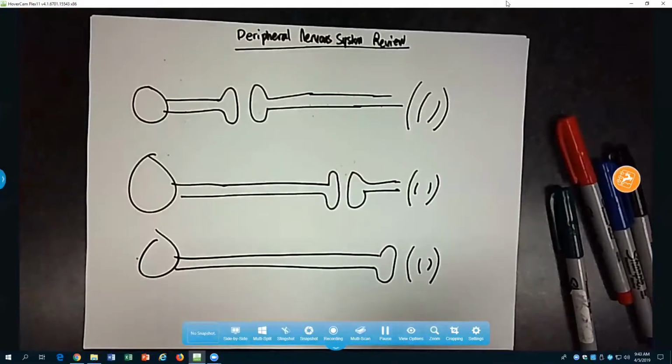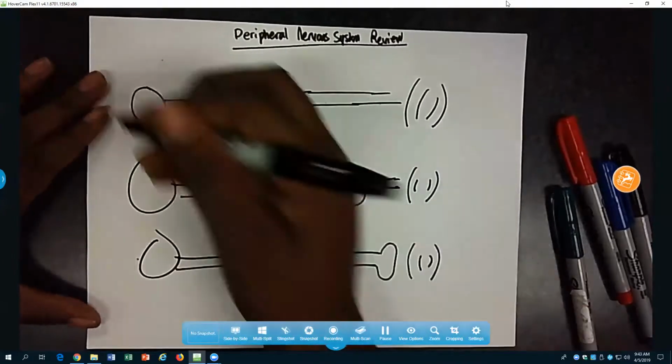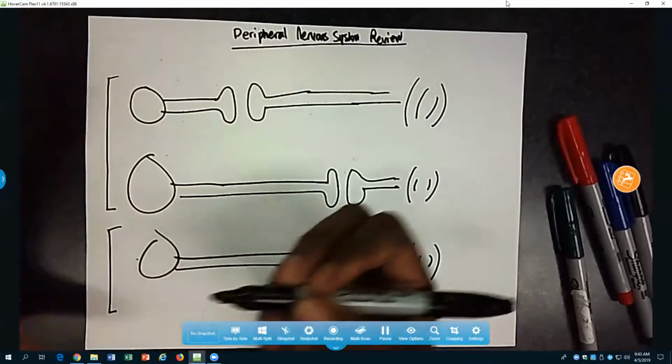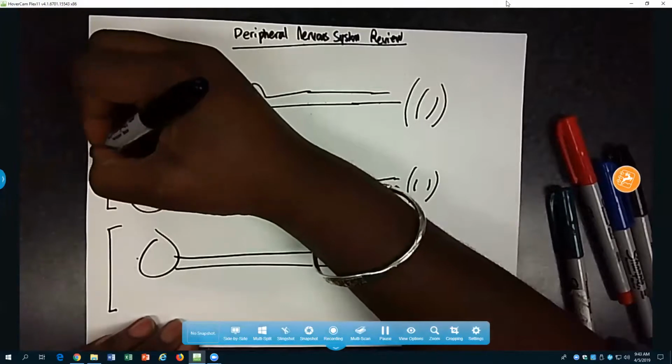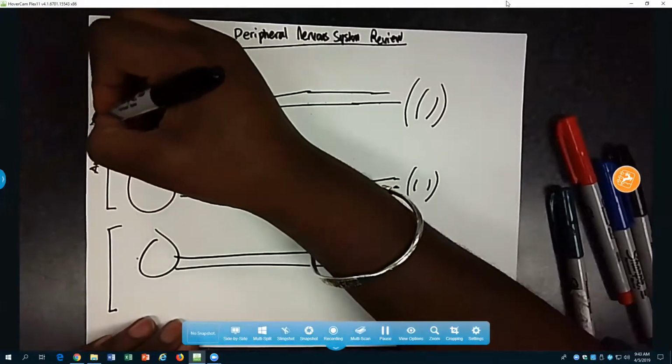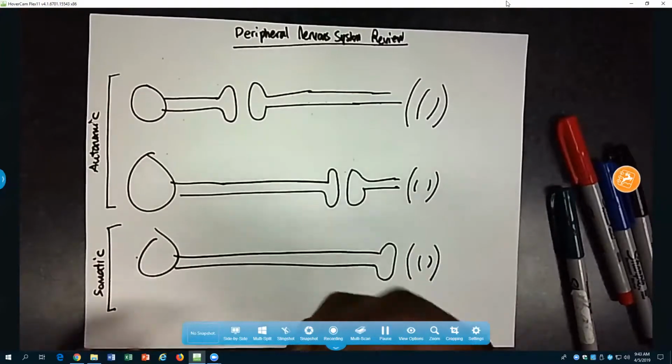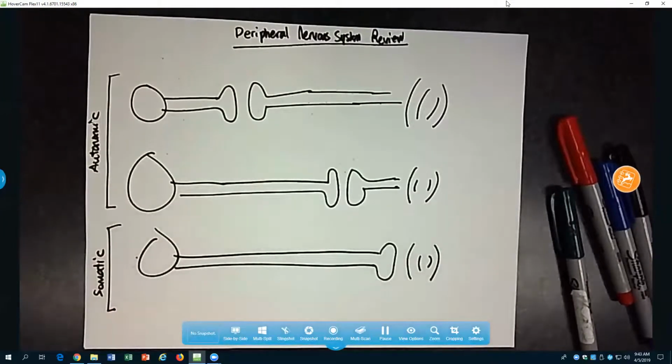So the nervous system has two general divisions, or the peripheral nervous system has two general divisions, the autonomic and the somatic. So this will be the autonomic, and here's our somatic. Now the autonomic is also called what? How do we describe the autonomic?